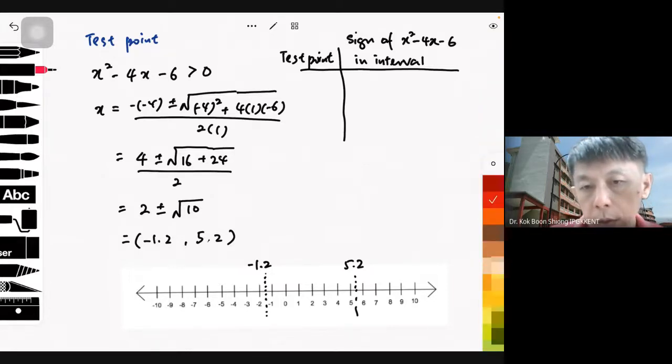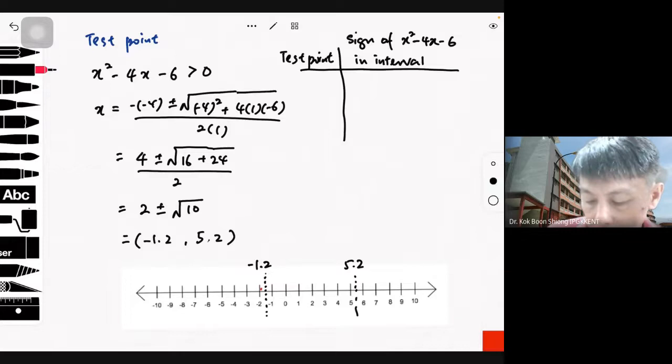This method is faster, but faster means more risk, you can make mistakes. So the first point is negative 2. I just simply take one point for each of the three regions, A, B, and C. For this one, maybe I can take 0. This one I can take 7.